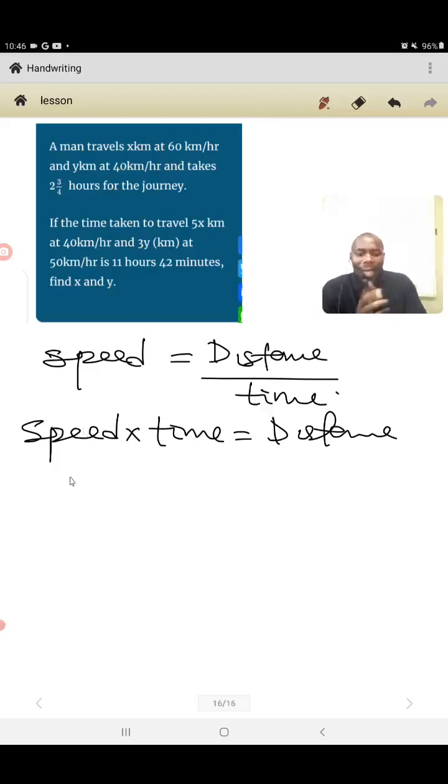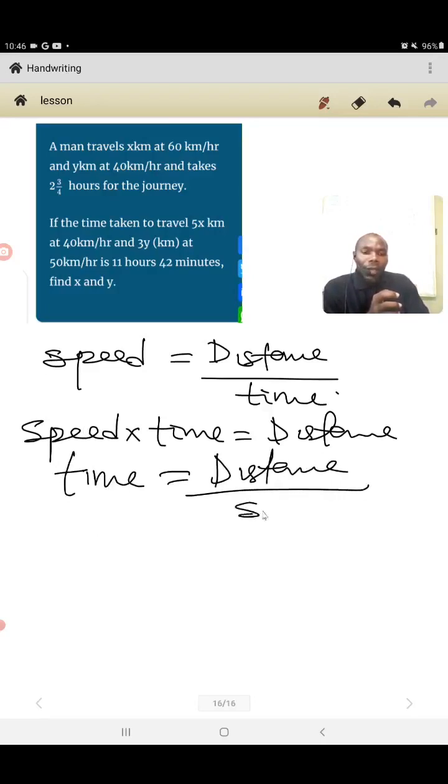Now, let's make time the subject of the formula. Time is equal to distance over speed.